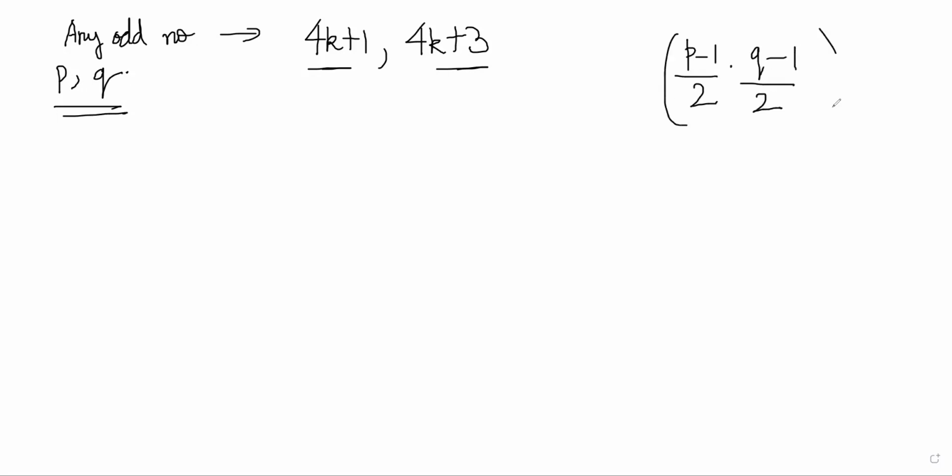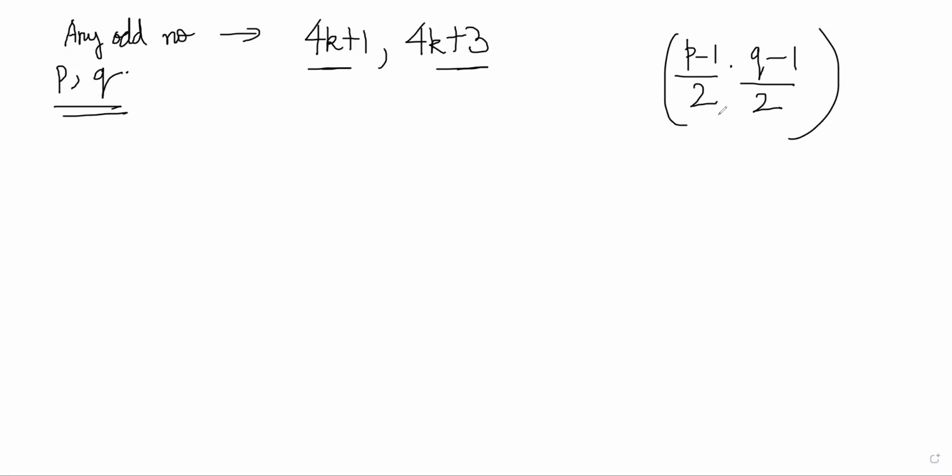Any odd number will be of the form 4k plus 1 or 4k plus 3, right? And P and Q are odd numbers, they are prime numbers. So they will be of the form 4k plus 1 and 4k plus 3, right? Now, the exponents were (P minus 1) by 2 and (Q minus 1) by 2, right? This was the exponent on the RHS.